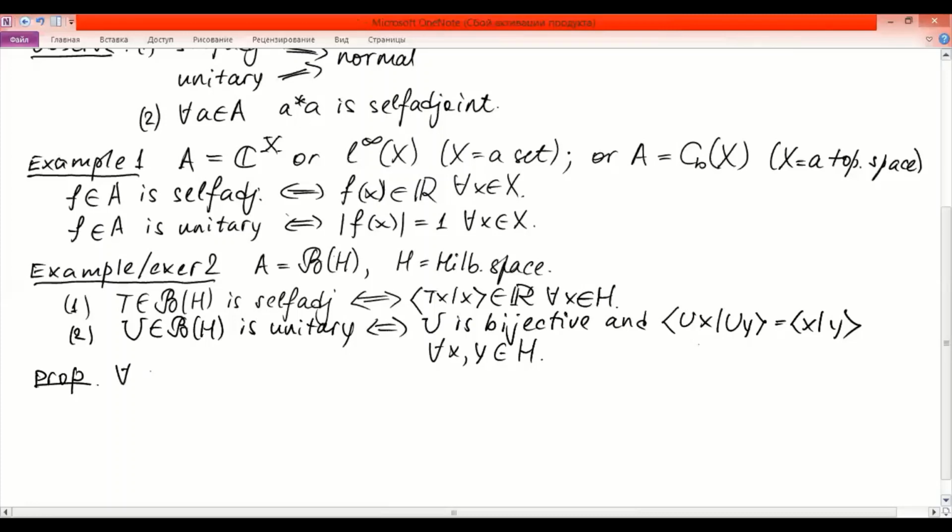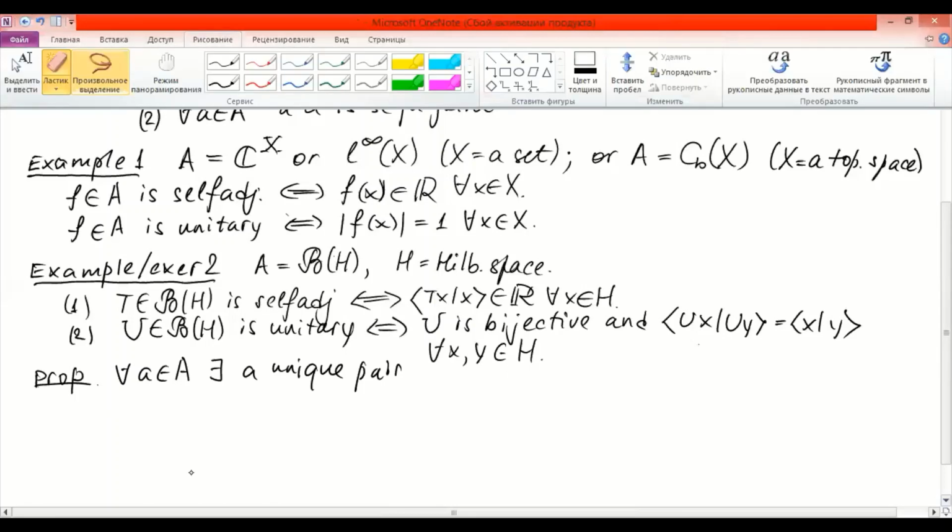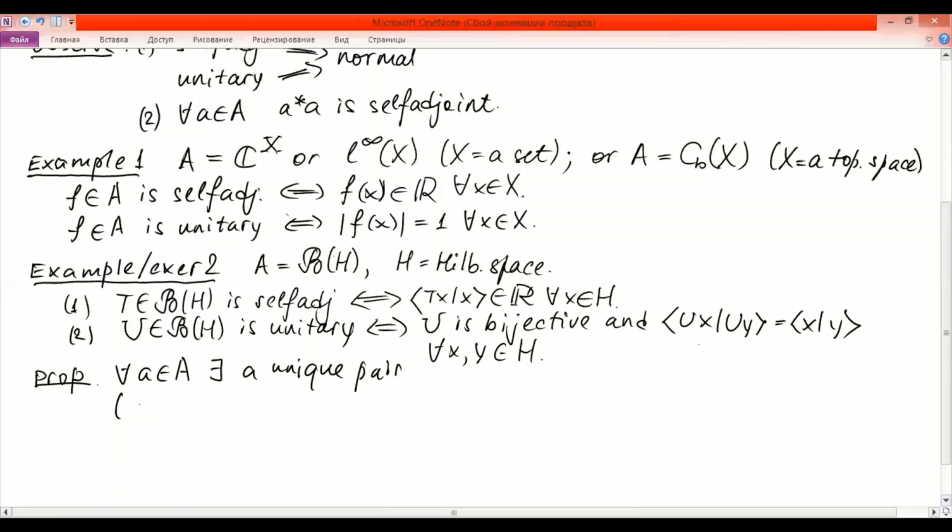So I claim that for each element in our algebra, there is a unique pair C, D of self-adjoint elements.